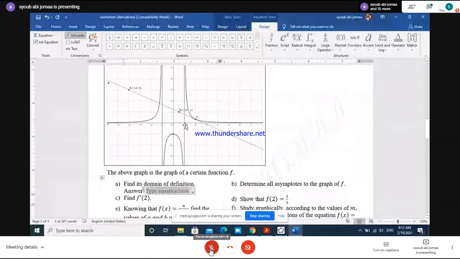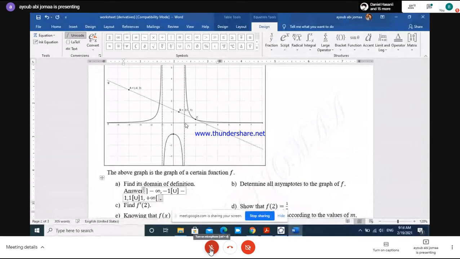It's not defined at +1. So the domain will be negative infinity to -1, open interval, union the open interval -1, 1, union the open interval 1, positive infinity. That's it.